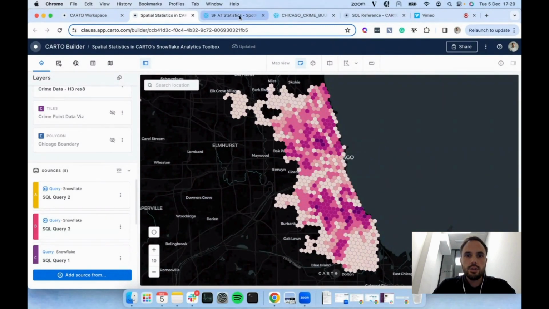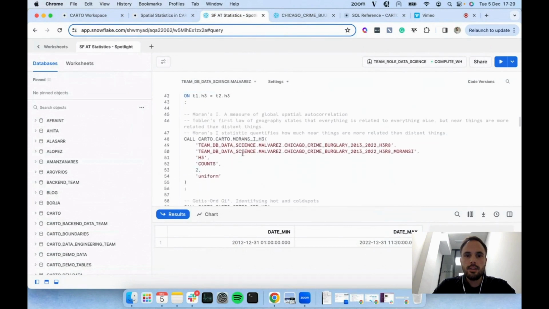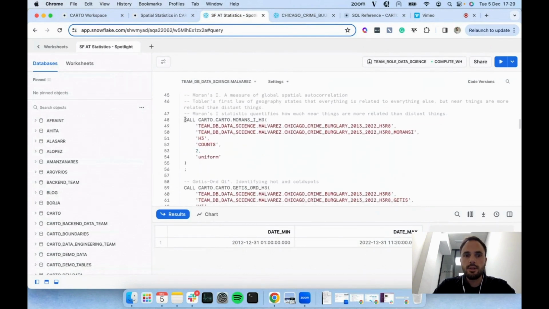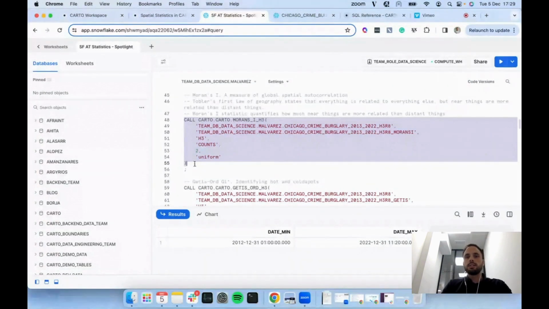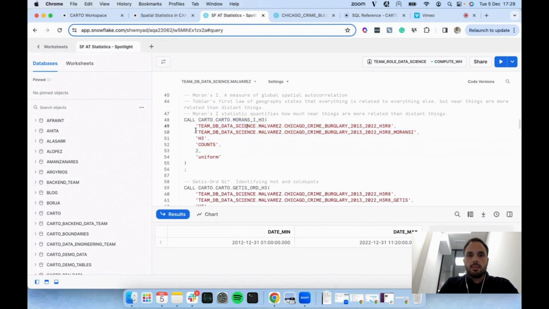In order to do that, we're going to be using Moran's I, which is the first spatial function that we're using today from the statistics module. In order to run it, this is very easy. As you can see, we just have to input the data, the table where we have our data aggregated in some spatial index, in this case H3 resolution 8.